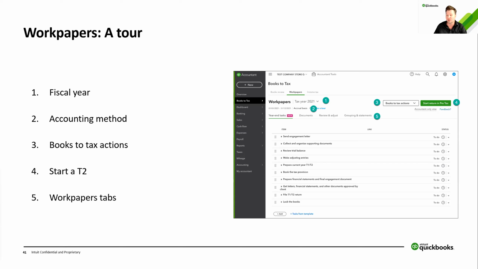So that's where you start your T2 in ProTax. And then number 5, the WorkPapers tab, sorry, I described those already. The Books to Tax actions, so those are the different actions that you can access via that drop down, and we'll go through an example for that when we jump into ProTax itself.